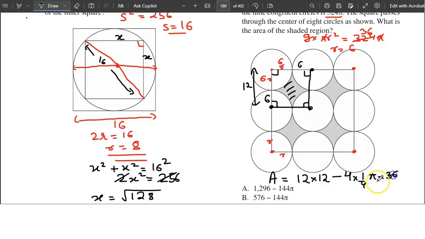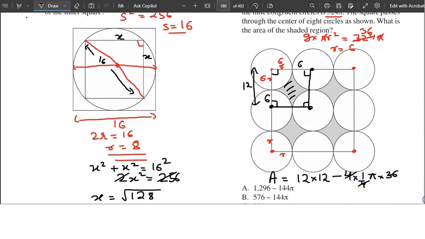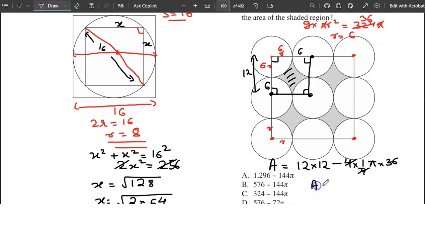6 square is 36. So these 4 and 4 will be cancelled. So area is 12 into 12, that is 144 minus 36 pi. Now, like this, we have 4 portions in the same order. So we have the area of one portion.